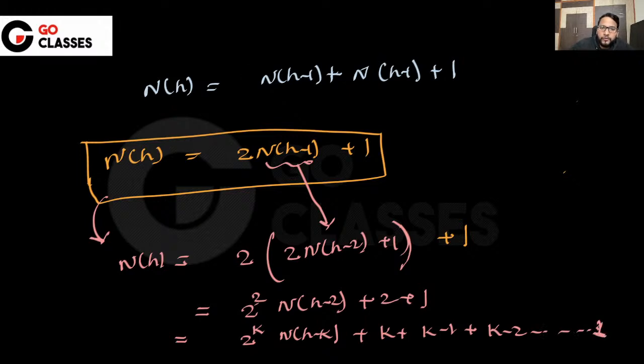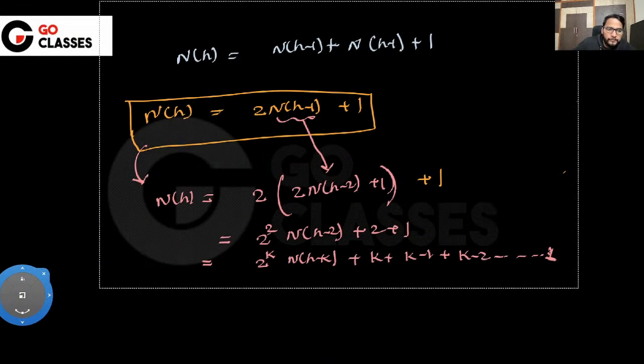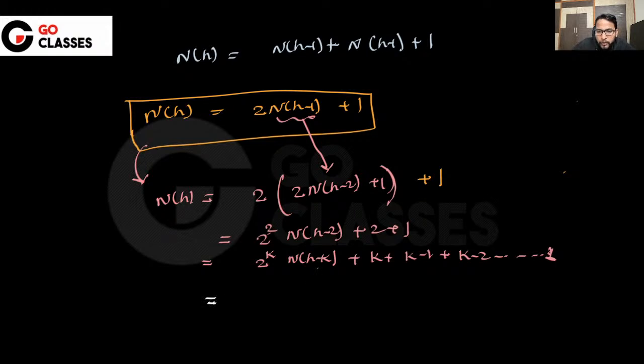So if you want to solve it, let's quickly do it. What will the answer be here? Let's see. If you put k equal to h, it will be 2 power h n0 plus, is this right or is there something wrong? I think it will be h plus h minus 1.